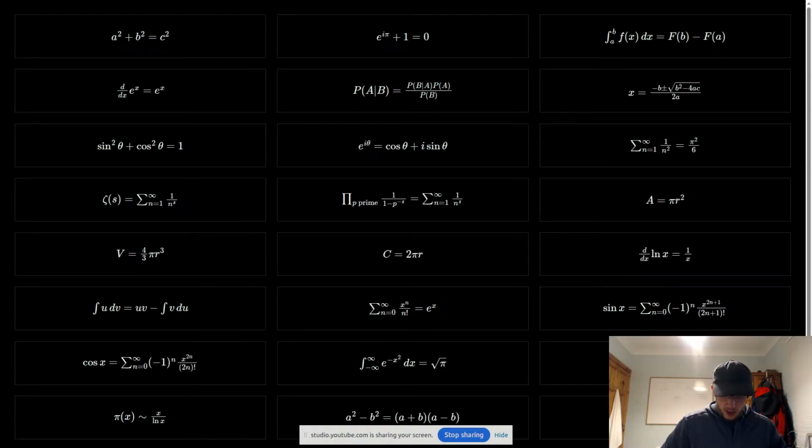The square root of pi is the same as the gamma function of a half, and that evaluates to approximately 1.77245. The gamma function is a continuation of the factorial function.